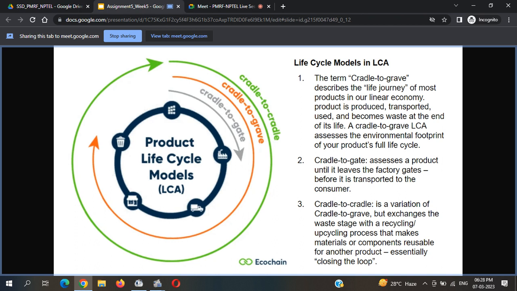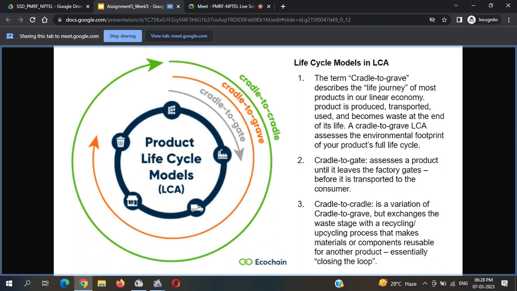The life cycle phase or assessment model, that is cradle to gate, it takes into account the emissions associated to that only. So many a times you might have heard about the term corporate social responsibility. While they calculate their CSR, many a times the businesses or the companies who are manufacturing a product only take care of the cradle to gate emissions.